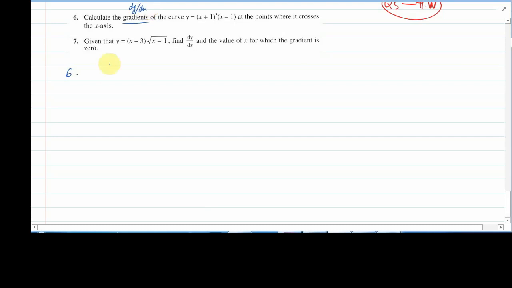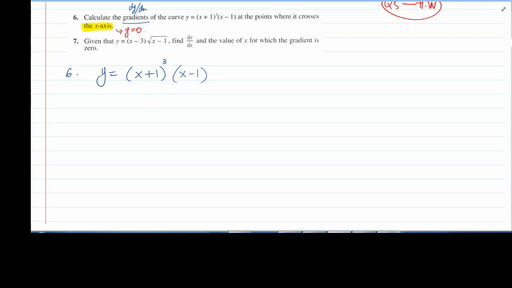Of the curve y is equals to x plus 1 power cube times x minus 1 at the point where it crosses the x-axis. Now there is a condition hidden in this word. Crosses the x-axis, basically it says that y equals to 0, right? The point where the curve crosses the x-axis, it means the value of y is 0.